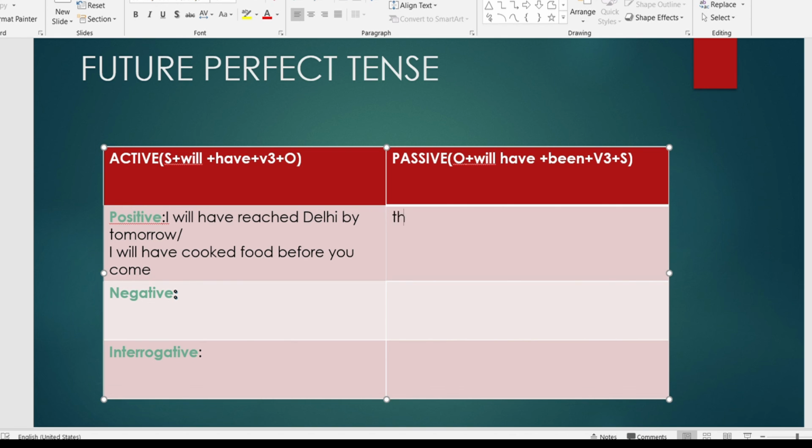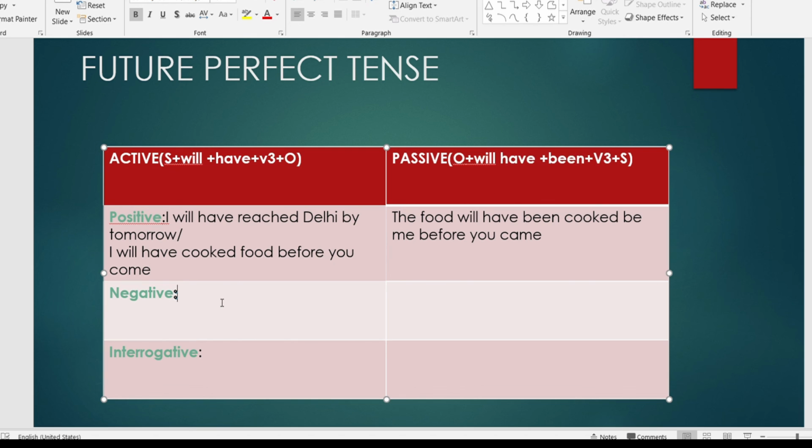So the food will have been cooked by me before you came. See, this before you came will remain intact. We are not going to touch this one because this is not the main part of the main sentence. This is the main sentence that we need to convert into passive. So the food will have been cooked by me. Okay, will have been, third form.